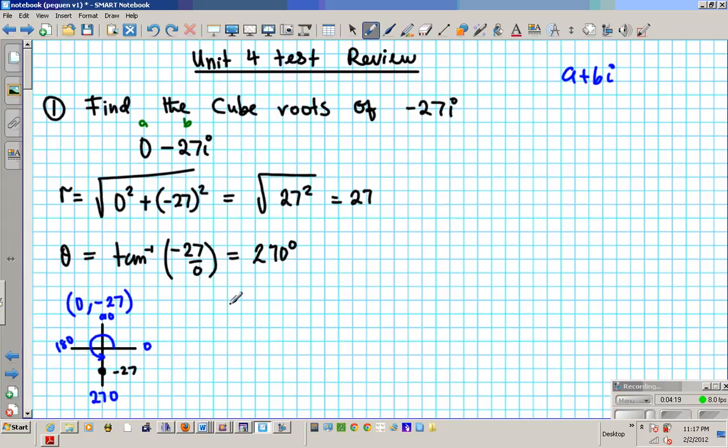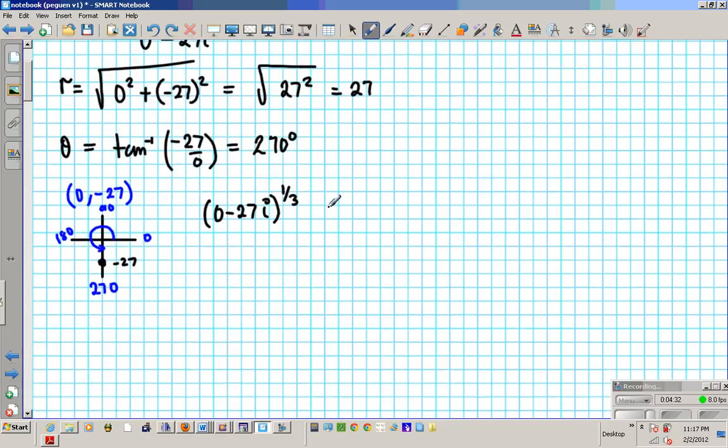Now we're going to use the formula. So 0 minus 27i to the 1/3 is going to be as follows.